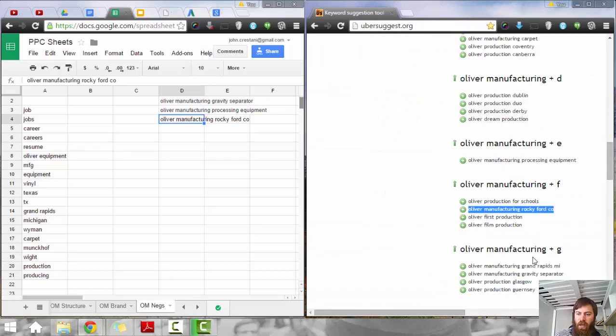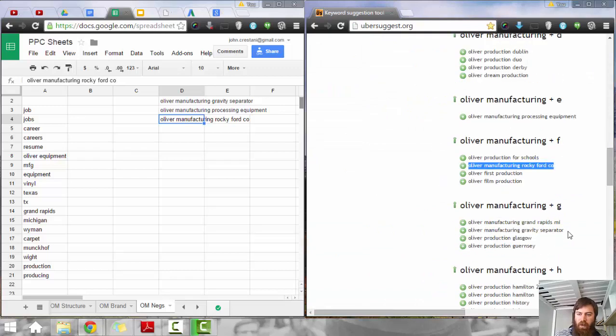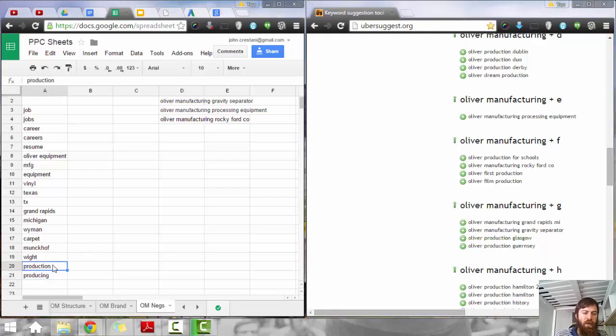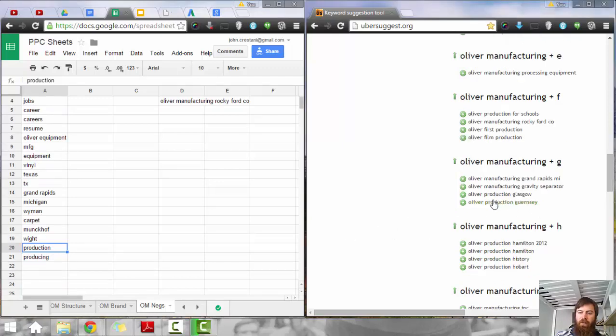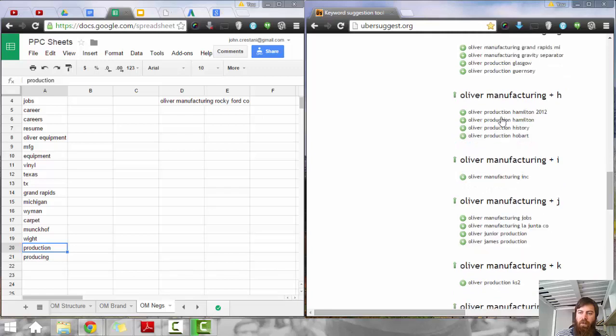Oliver First Production, Oliver Manufacturing Grand Rapids, Oliver Manufacturing Gravity Separator. We already have that there. Glasgow, we already got rid of production, so we don't have to worry about these terms. Notice, since we have production as a negative, Glasgow or Guernsey won't show up. Production is negatived out. That could have been a really bad term that would get rid of a lot of our stuff.